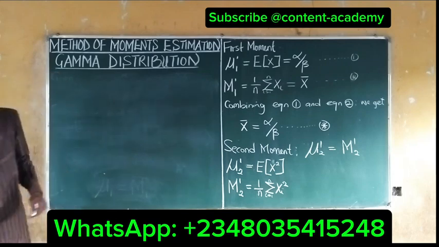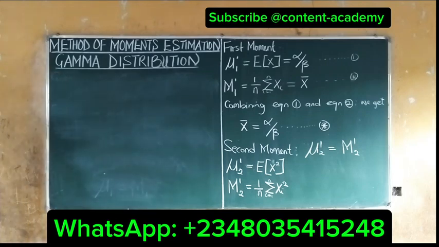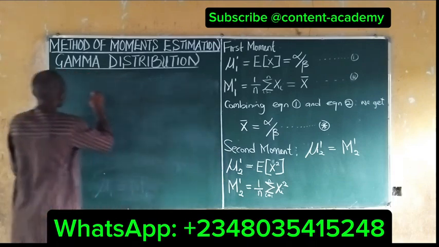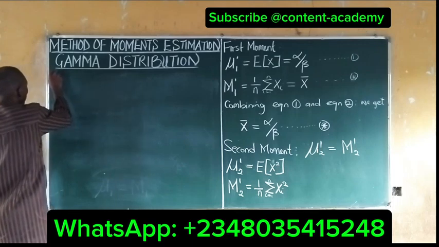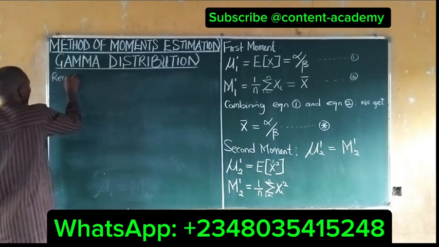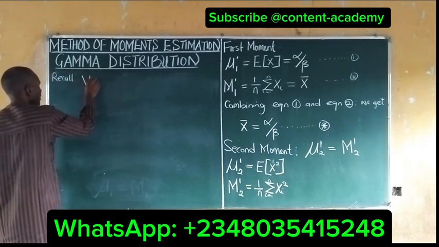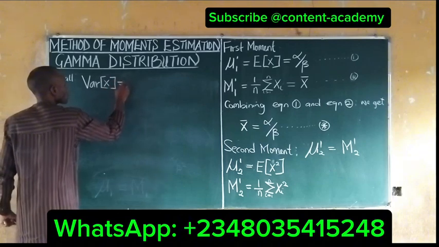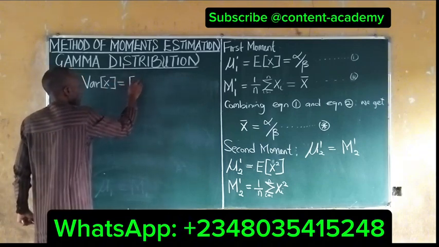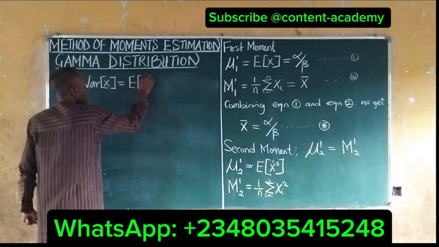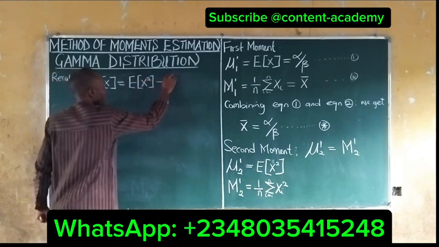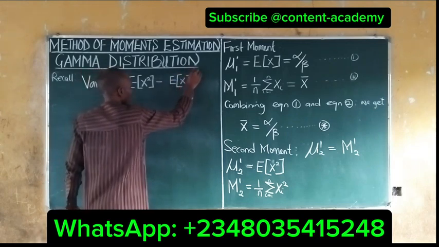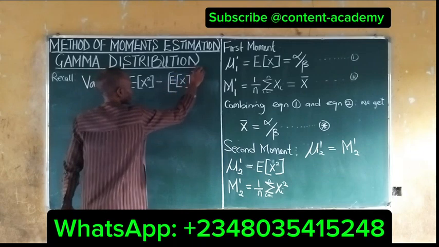To obtain the population moment here, we'll recall that the variance of x is equal to the expected value of x squared minus the expected value of x all squared.